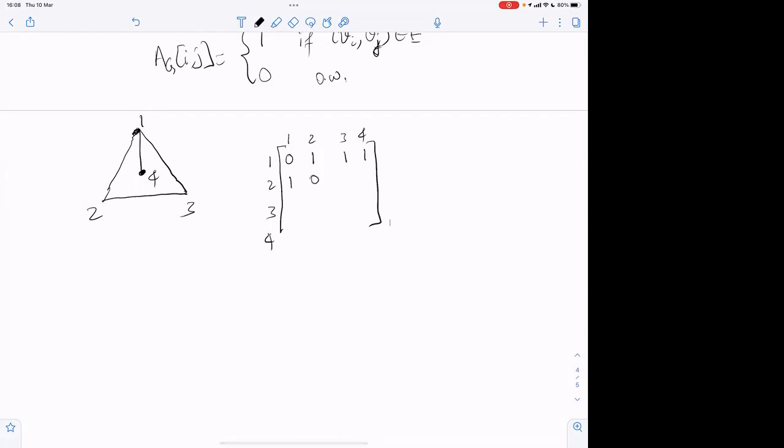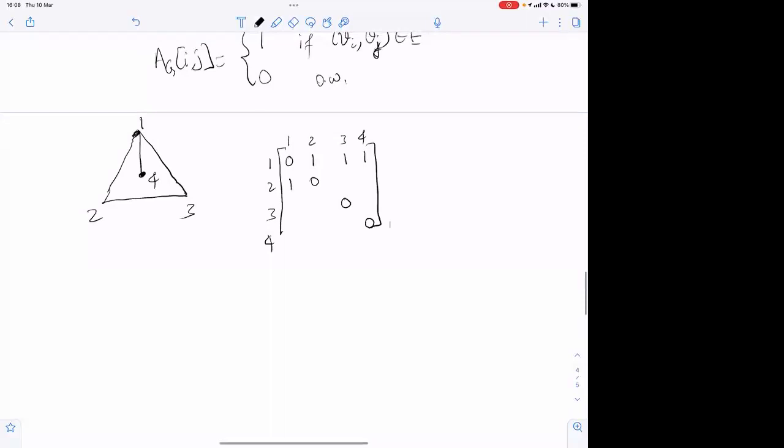And so firstly, let me put all the self loops as zeros. And now I need to fill in only the super diagonal, the below part follows from symmetry. So 2 to 3 is an edge, yes. 2 to 4 is an edge, no. 3 to 4 is an edge, no. Correct?